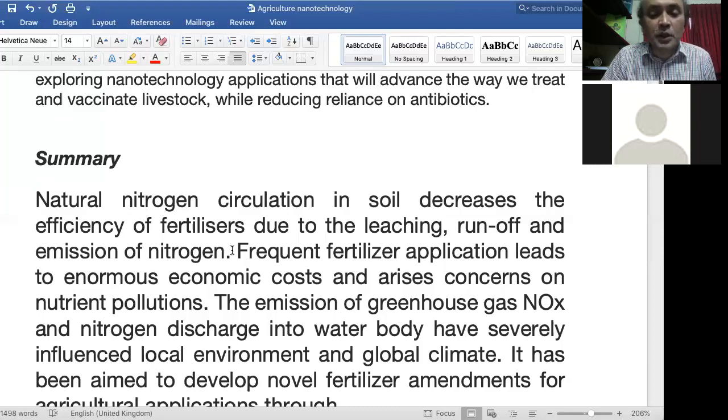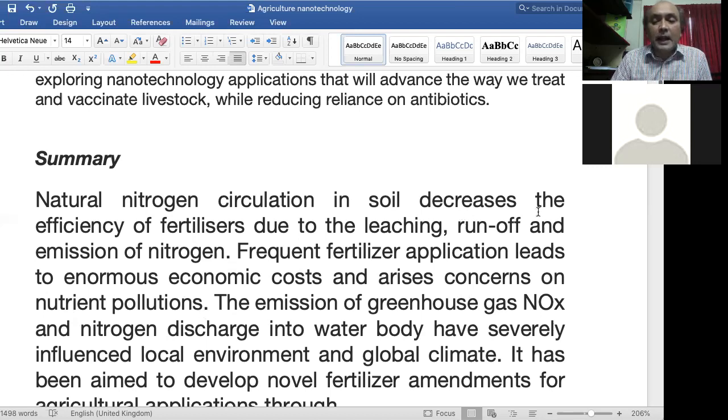When we use urea fertilizer in the rice field, leaching, runoff, emission to gaseous nitrogen like ammonia or nitrogen gas, a big proportion of the applied fertilizer is lost. Frequent fertilizer application leads to enormous economic cost because fertilizer is expensive, and arises concerns on nutrient pollution.